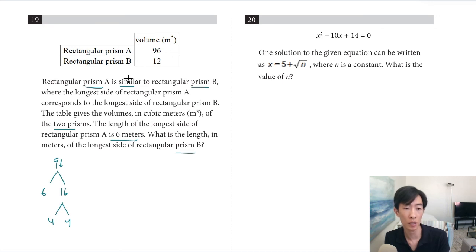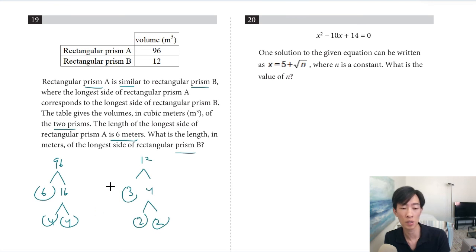All right, so let's factor the other one. This one is 12. So 12 is a lot easier, right? Because you can do 2 and 6 or 3 and 4, but 6 is not going to work because we'll have to factor it more actually. So let's do 3 and 4, and so we'll factor the 4. And so it looks like these three are going to be our lengths, 6, 4, 4 and 3, 2, 2.